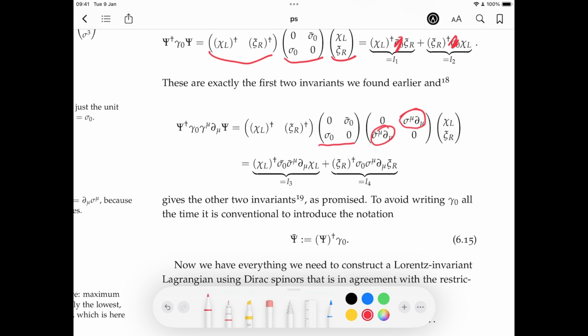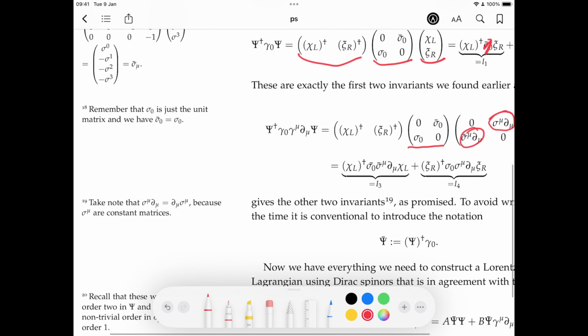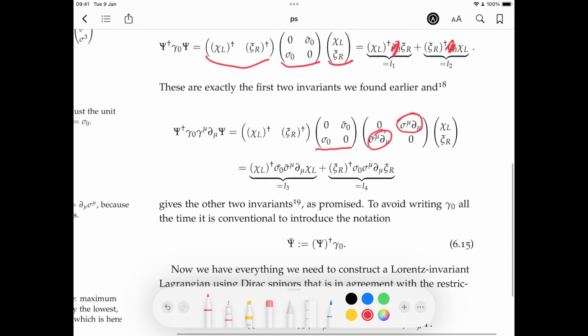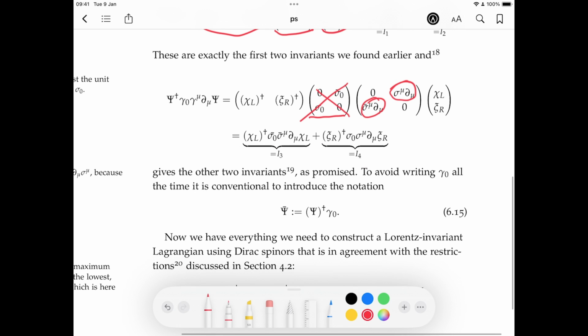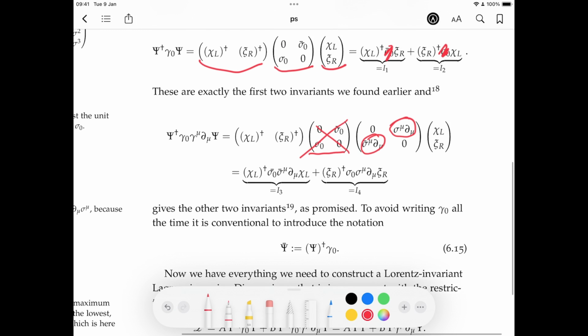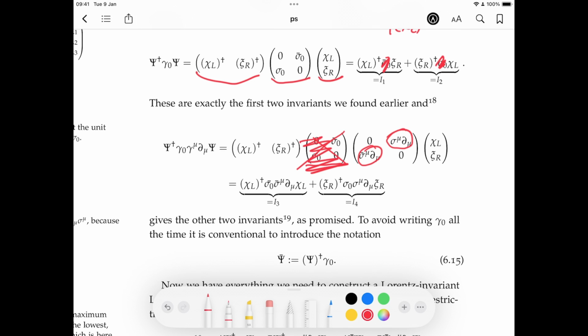Why do we have this here? I guess it's just a convention, because it's just a unit matrix. It won't apply. We can remove or add this here, but I guess it's just a convention. And it will give us the other two invariants. Nevertheless, sorry, I'm not right here. I should remove it.